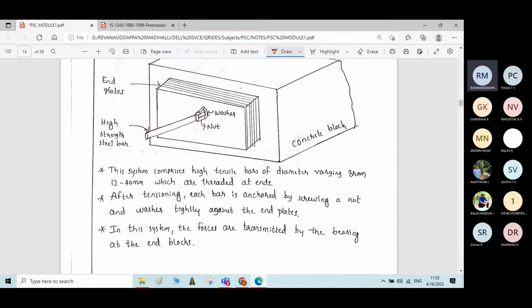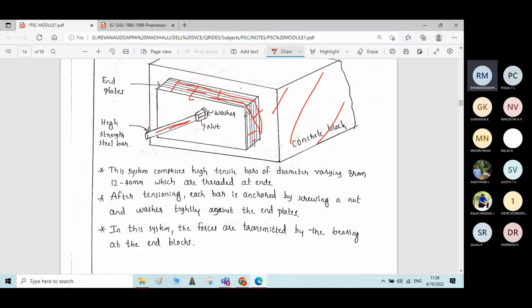Here you can see a high tensile steel bar, and here you can see a plate. This portion is called the end plate. And here we have the concrete block, and the tendons will be properly stretched.